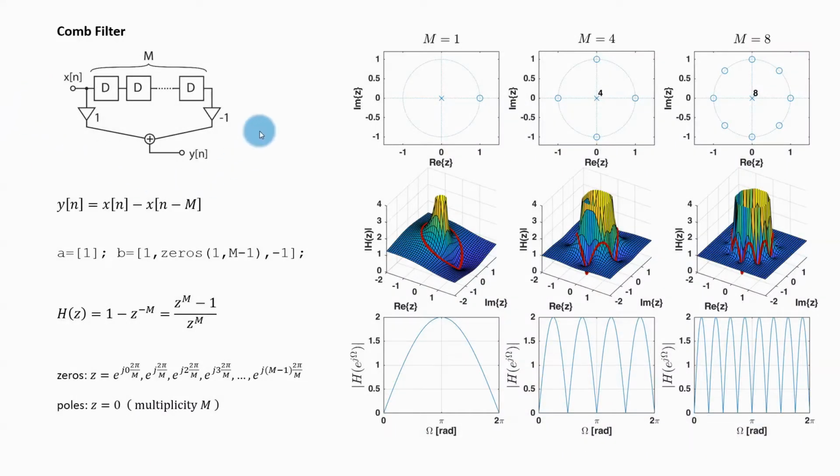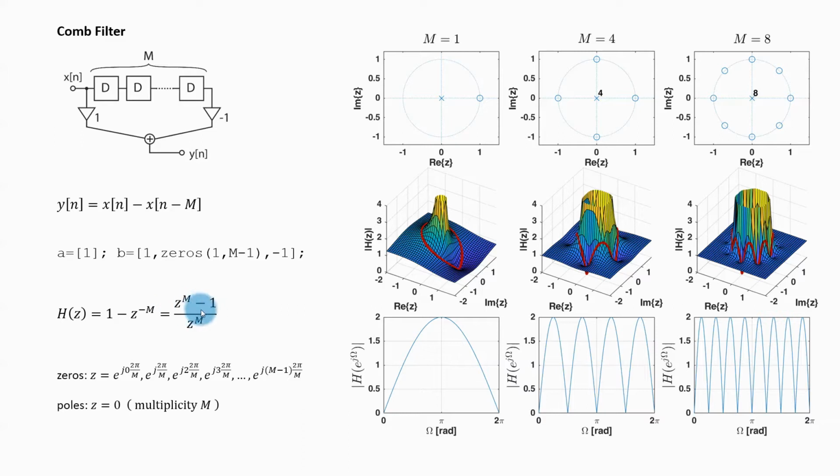Now, this filter is called the comb filter, and essentially what it does is that it computes the difference between the input sample and the input sample delayed by m samples. If you wanted to implement this comb filter in MATLAB, you would need to use these a and b coefficients. This is the transfer function of your filter, and you can also write it like this.